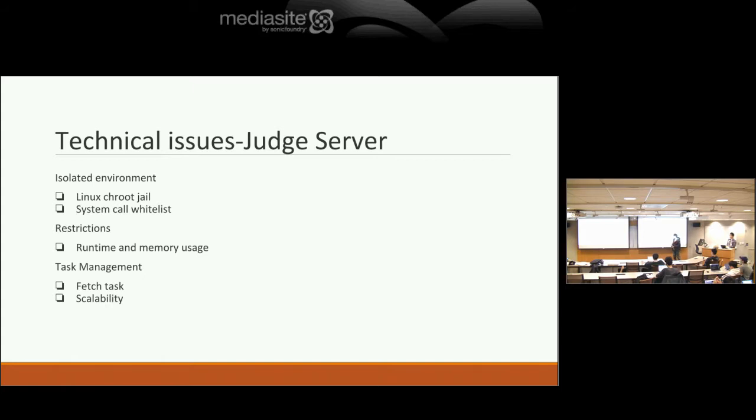Each task will be in the queue, and then the judge server will do it one by one. In this way, we can also make the judge server scalable, because we can apply multiple judge servers, each one running the process.